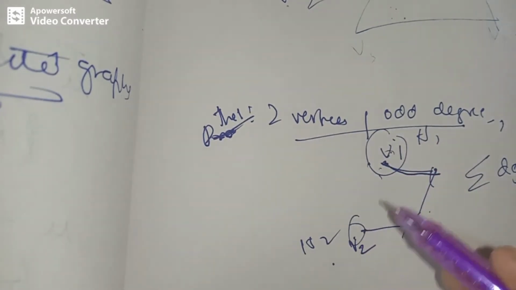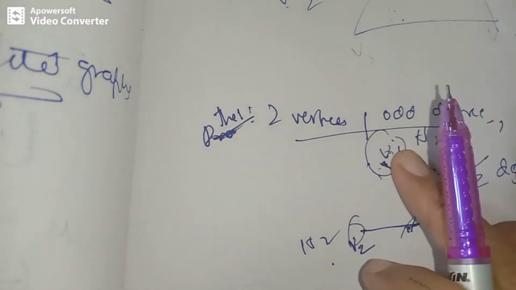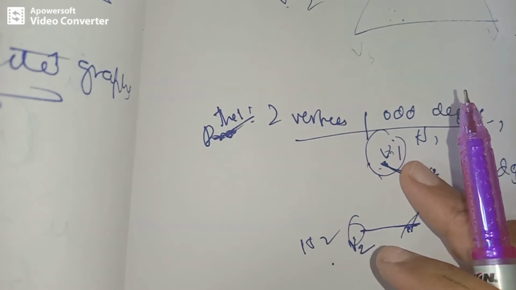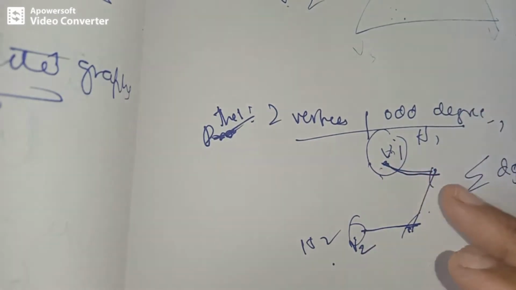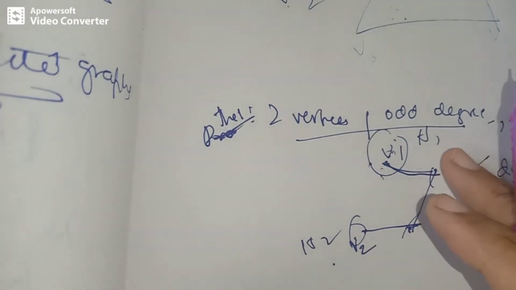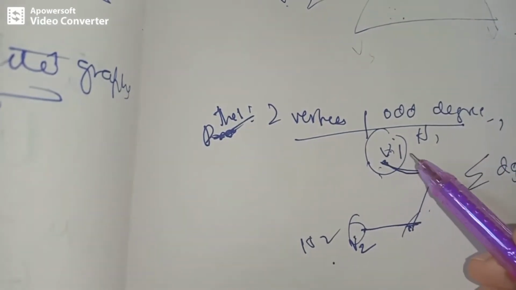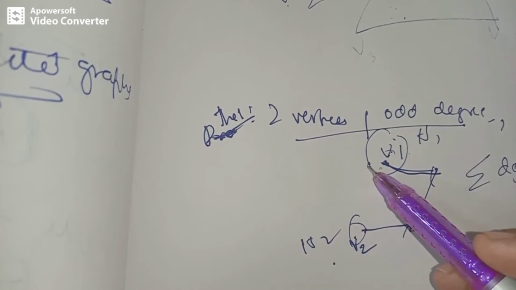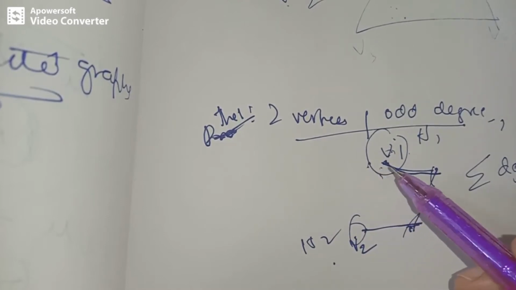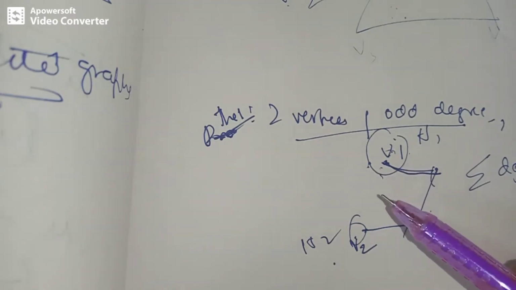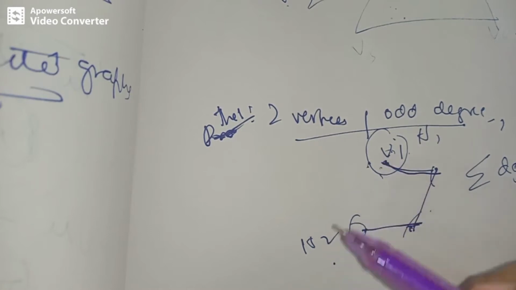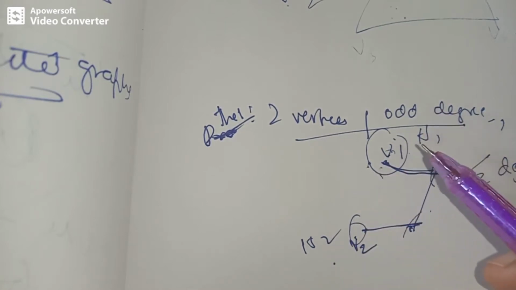Because each of H1 and H2 contains only one vertex of odd degree, this is not possible, right? Because the number of vertices of odd degree in a graph must be even. You can assume H1 and H2 are graphs, and in a particular graph the number of vertices having odd degree must always be even. But here this is not possible. Therefore, there must be a path connecting these 2 vertices. So this completes the proof.